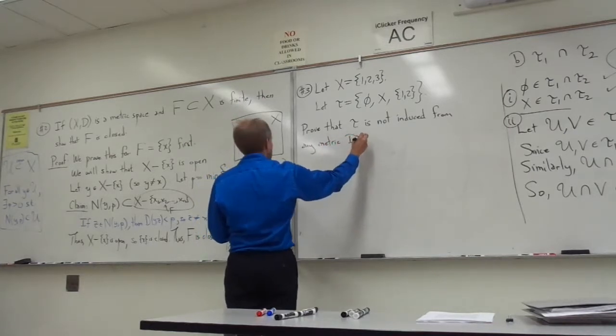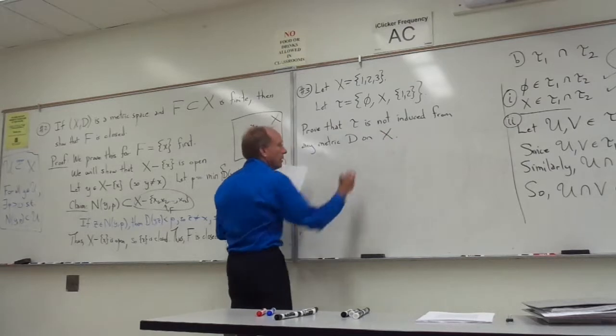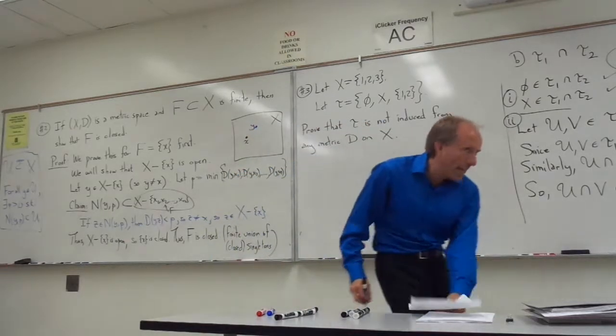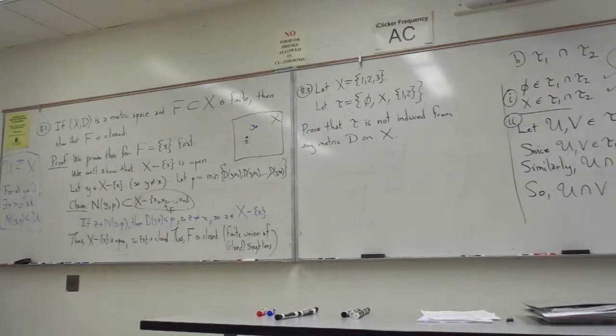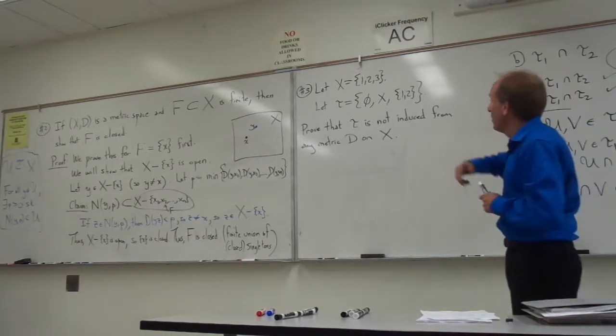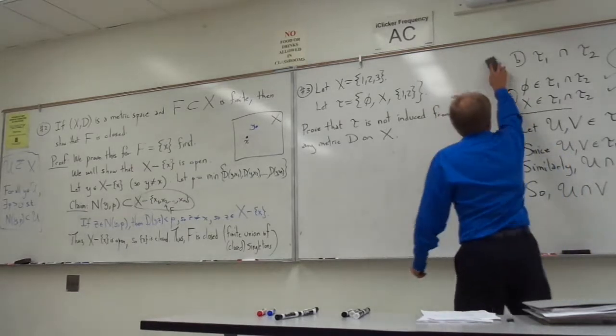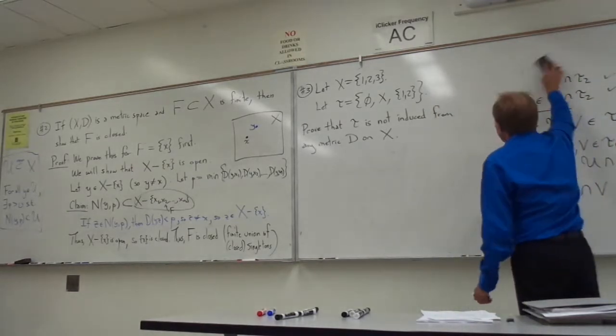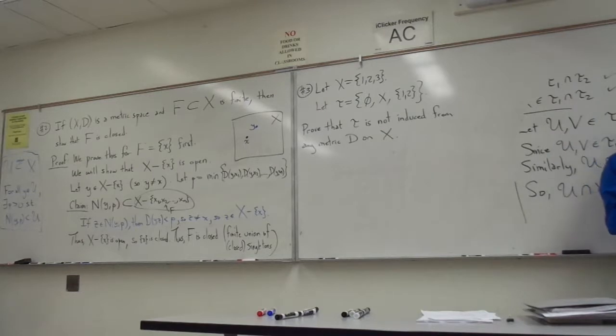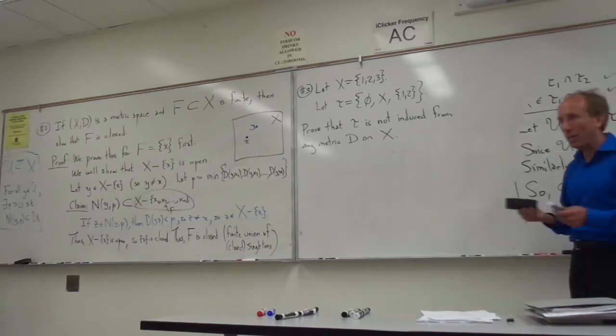D on X. In other words, there is no way to make a metric on X whose open sets would be exactly these. Now an open set in a metric space is just a union of neighborhoods, right? That's one thing we learned.